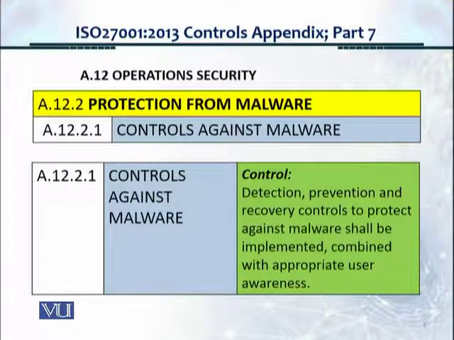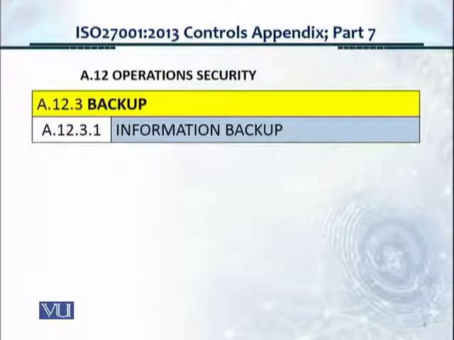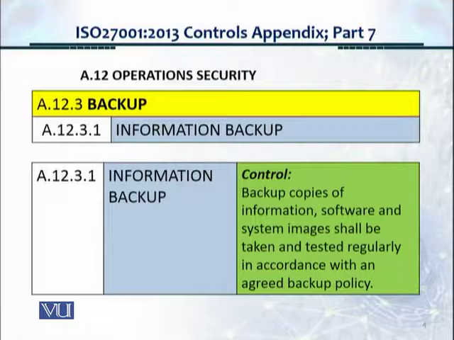Now, the third control objective in operation security is backup, which is 12.3. And here we have one control, information backup. And the detail is backup copies of information, software, and system images shall be taken and tested regularly in accordance with an agreed backup policy. So three things here.